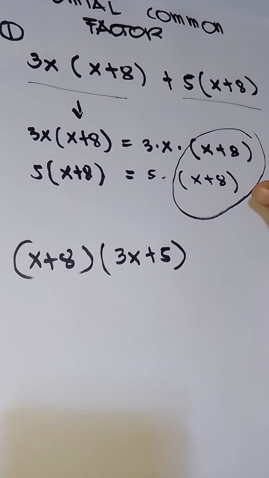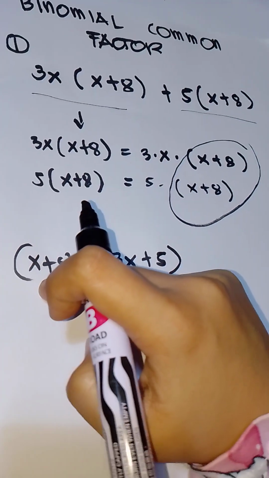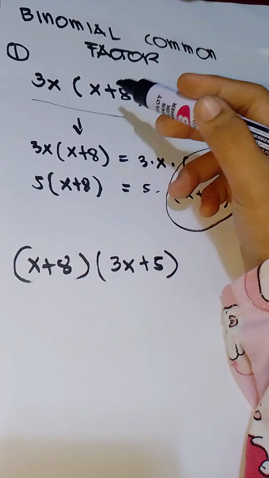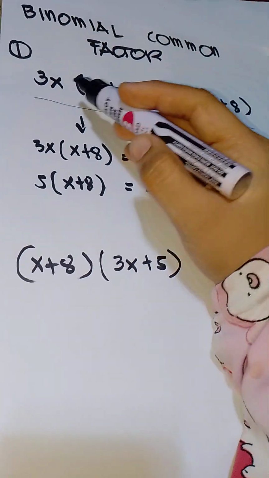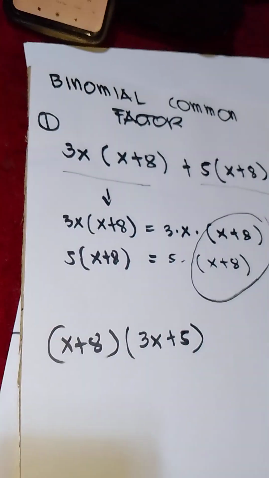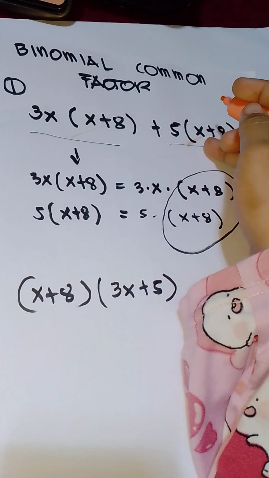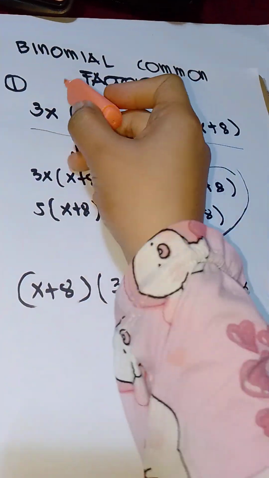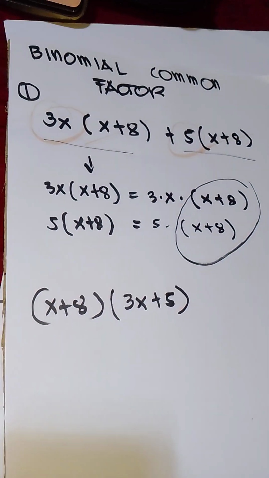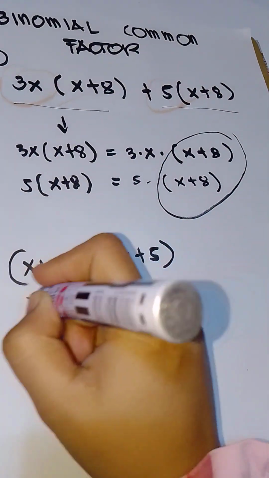Okay, so x plus 8 in this equation is considered as one binomial, because it is the common factor of these two terms. We're just going to cross out that, write it as 1, and then what remains is 3x and 5. So this is the answer.